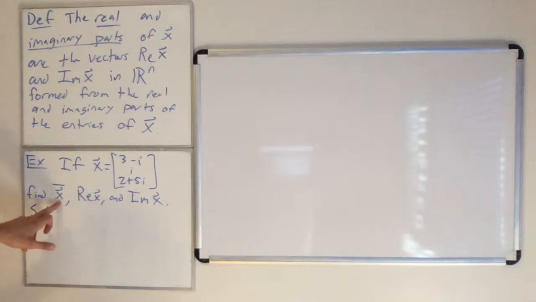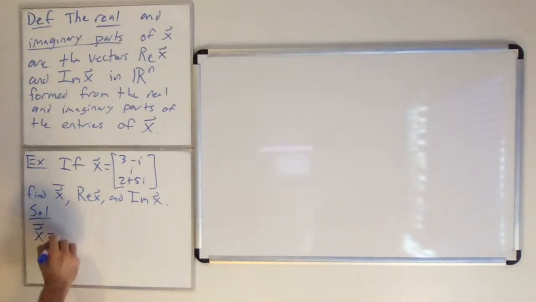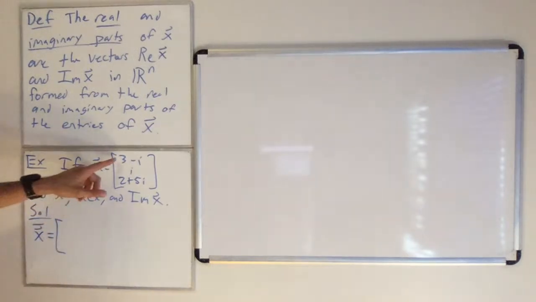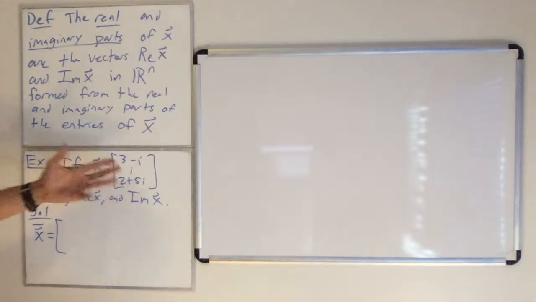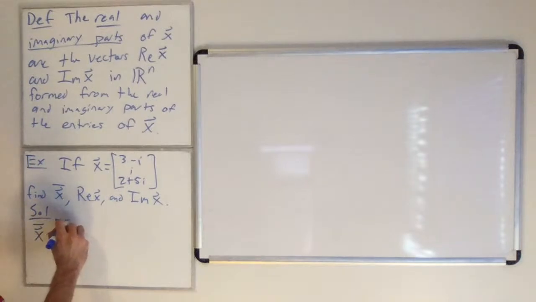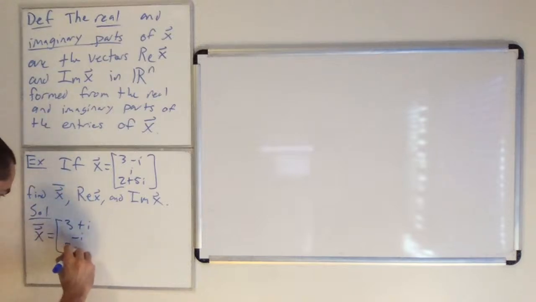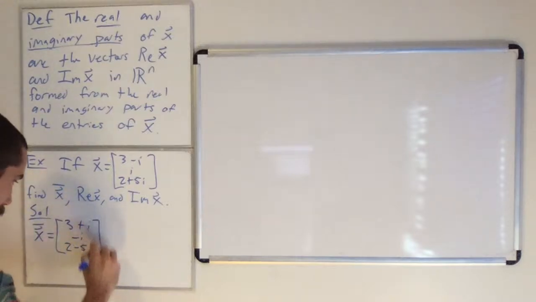So X bar, or the conjugate of X, or the complex conjugate of X, I guess. We keep the sign of the real components the same, but we change the sign for the imaginary components. So it'd be (3 plus i, negative i, and 2 minus 5i).